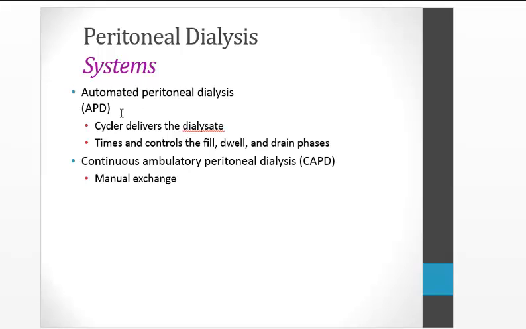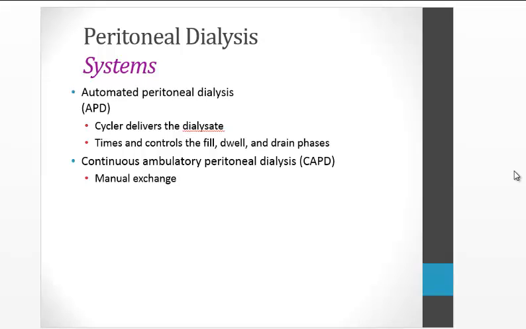With the automated peritoneal dialysis system, like I said, the cycler will deliver the dialysis to the patient automatically. The patient is connected to a machine which controls the fill, the dwell, and the drain phases of the dialysis fluid. Basically the patient is typically at home, and they have their Tenckhoff catheter which sticks out of their peritoneal cavity.